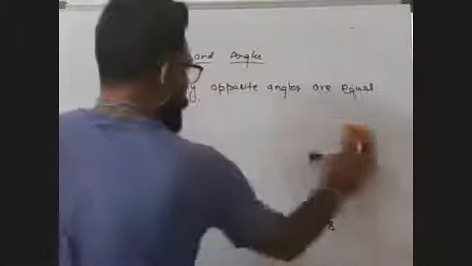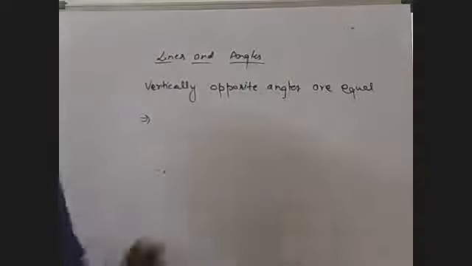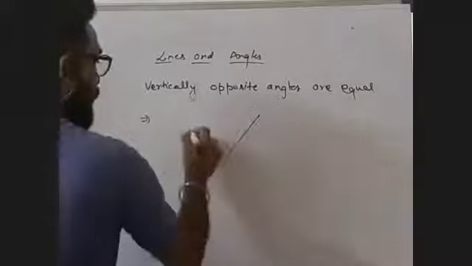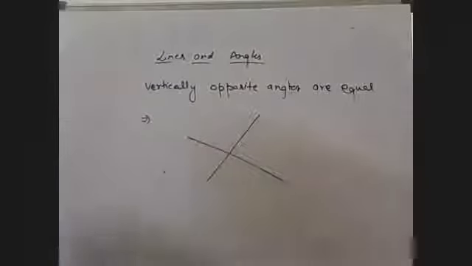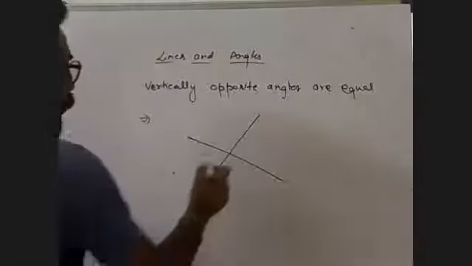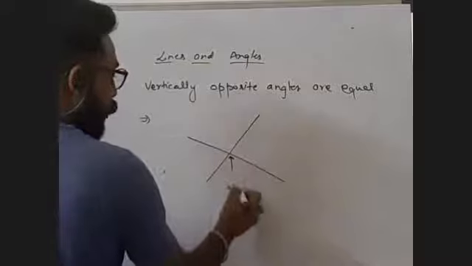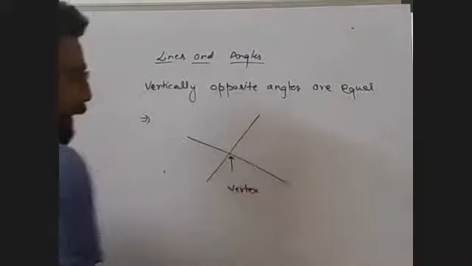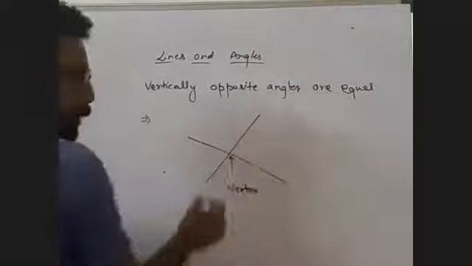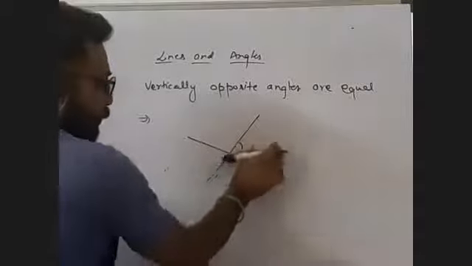Now, let's talk about what is an angle. When two line segments or lines cross each other, cutting each other at any point, the point at which they cut each other is known as the vertex, and the space bounded by the two lines is the angle.